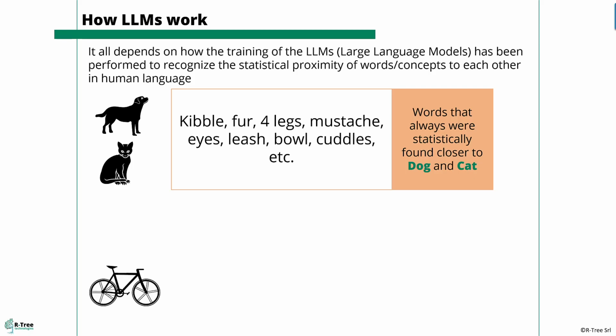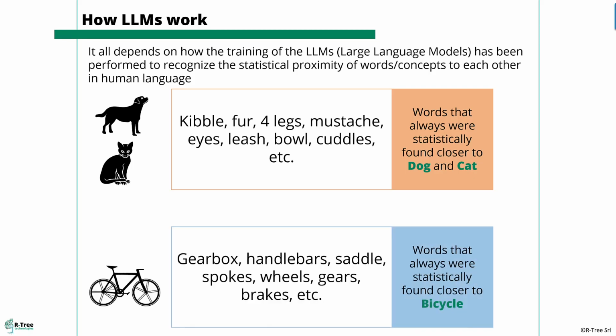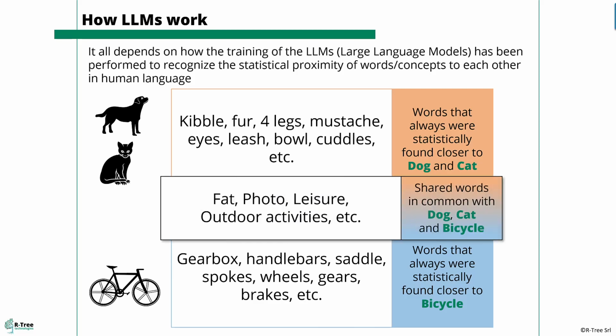While the concept of a bicycle was found in cognitive concepts very different from dog and cat. In these contexts, words such as gearbox, handlebars, saddle, spokes, wheels, gears, brakes, and many more were instead present. The reason why the concepts of dog, cat, and bicycle still have something in common and therefore are in a relationship of distant vectorial proximity is due to the fact that all those concepts also have some words in common.